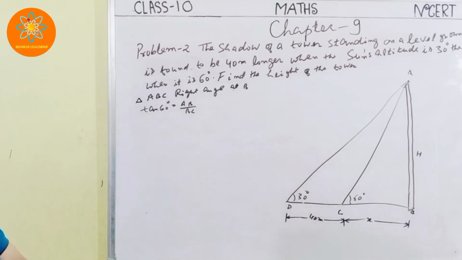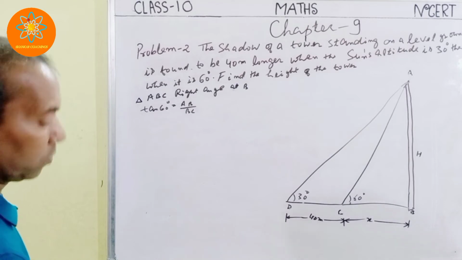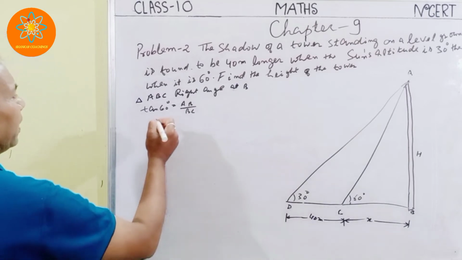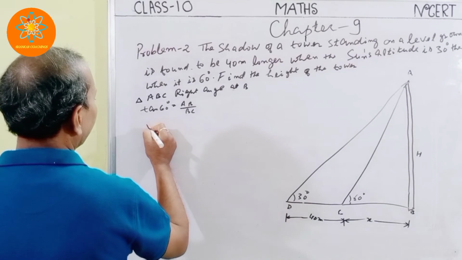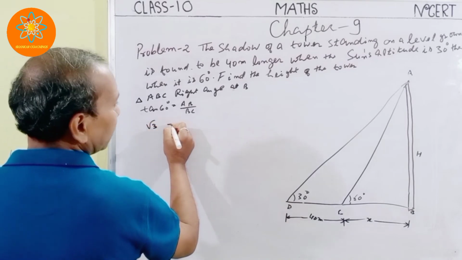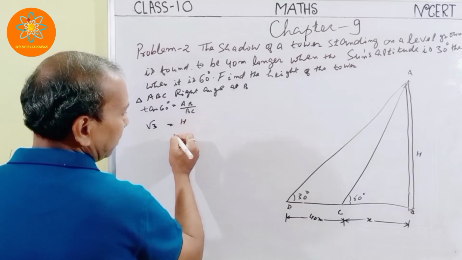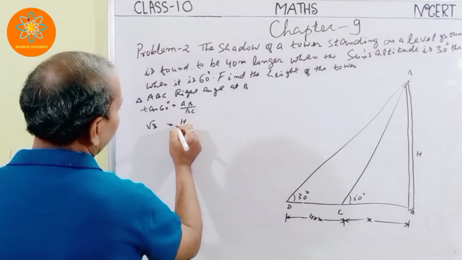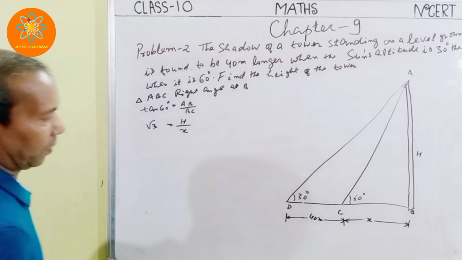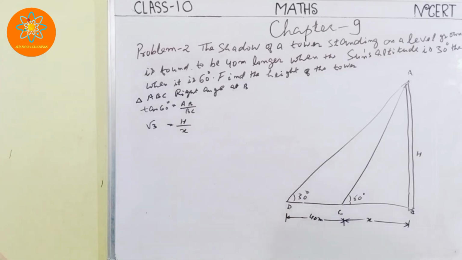If you put the values, you will get root 3 is equal to h, and BC is x, so it is h by x. Root 3 is equal to h by x.